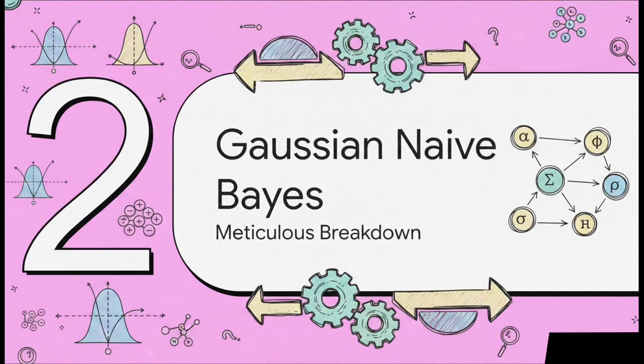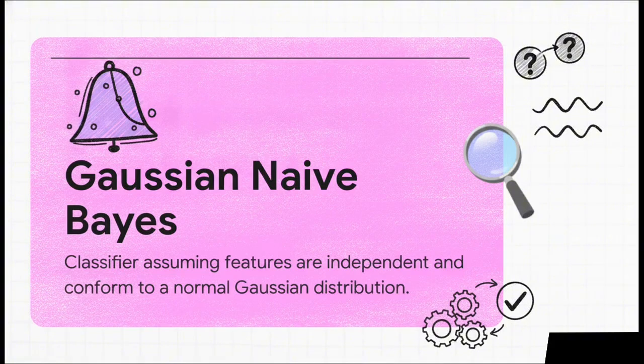Moving right along to part 2, a meticulous breakdown of Gaussian Naive Bayes. Let's meticulously unpack the star of our show today, Gaussian Naive Bayes, or GNB. Now, you likely already know this is a generative probabilistic classifier, meaning it calculates the probability that a new data point belongs to a certain class. But let's briefly refresh on its mechanical assumptions just to be thorough.